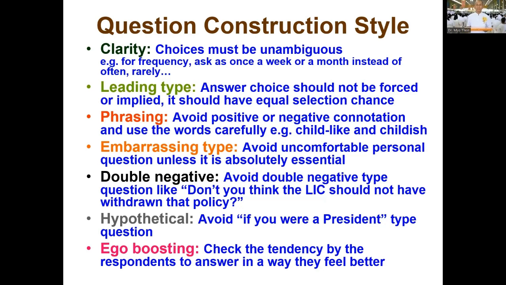This type of word cannot be used by a researcher. If you give options like childish act, childlike act, foolish act or foolish behavior, then this will create problems for the emotions of the respondent also.